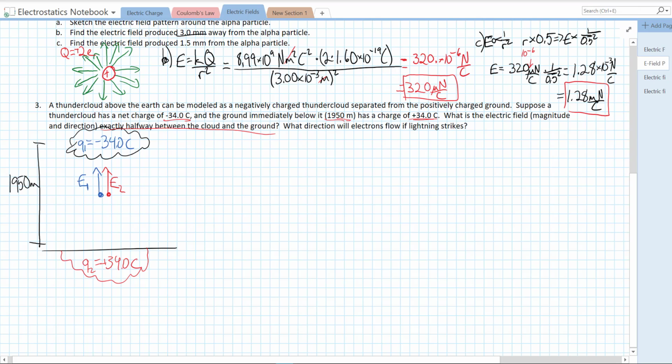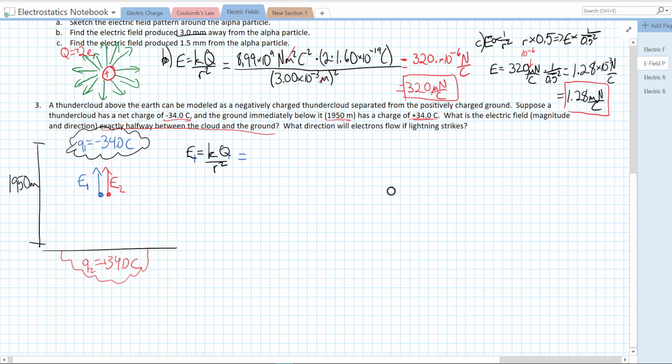We're going to use the electric field caused by a point charge equation. E equals KQ over R squared, where big Q is what's producing the electric field. Let's calculate the electric field for the negative charge. E1 is KQ1 over R squared.